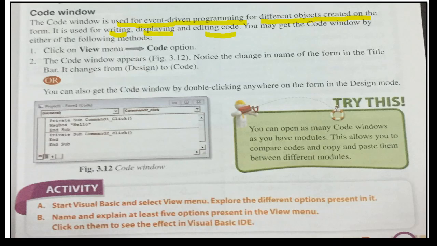Something will happen. Let's say, for example, Private Sub Command1_Click. So there is a message box that says hello. So that is the use of the code window. You can write your code inside the code window.